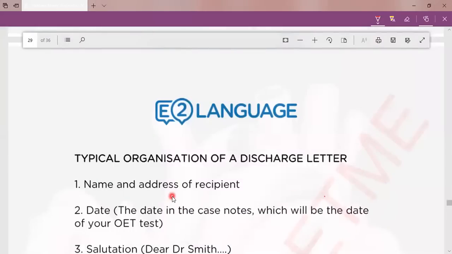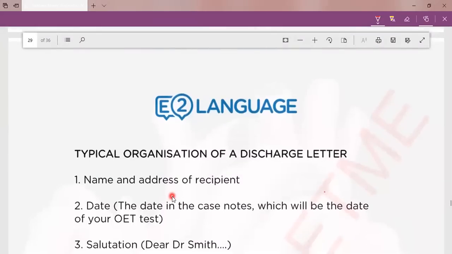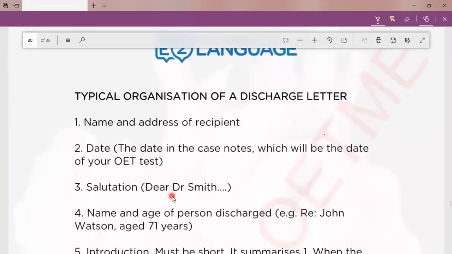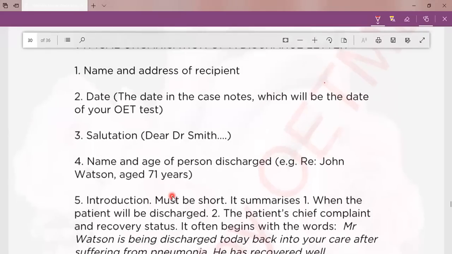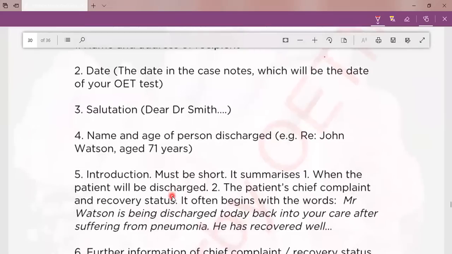So name and address of the recipient, the same as the referral letter. Date, the date of your test, Dear Dr. Smith, name and the age of the person, and the introduction must be short. When the patient is being discharged today, the patient's chief complaint.